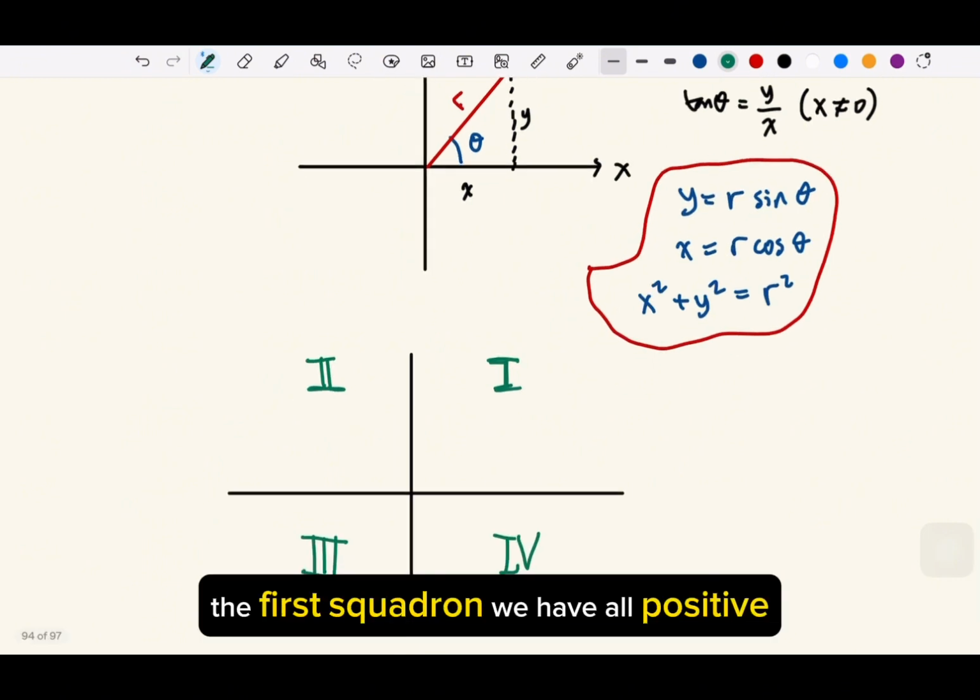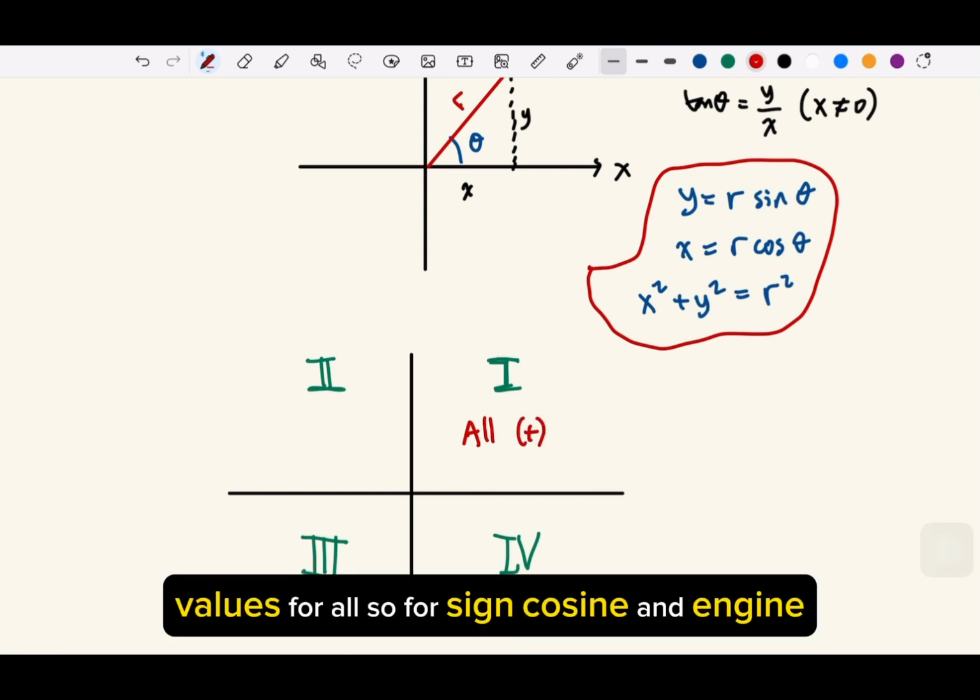In the first quadrant, we have all positive values, so for sine, cosine, and tangent.